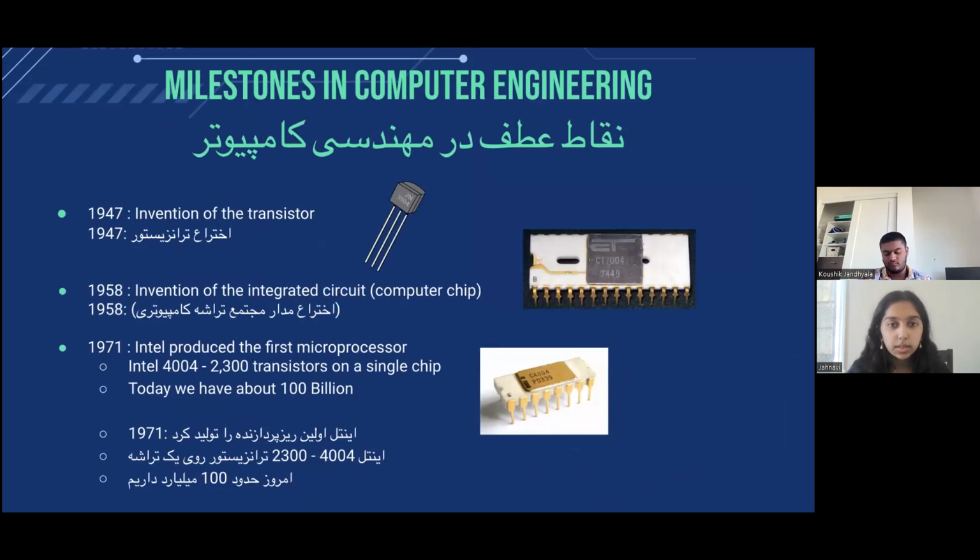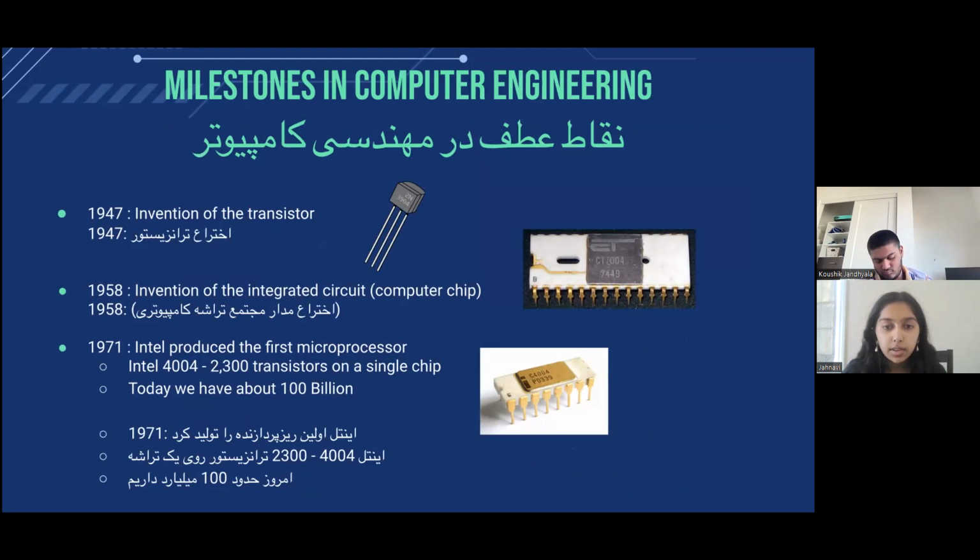Here are some milestones in computer engineering. In 1947, there was the invention of the transistor. A transistor is a switch. The significance of the invention of the transistor is that it became a building block to create a computer. In 1958, it was the invention of the integrated circuit, which is a small computer chip.